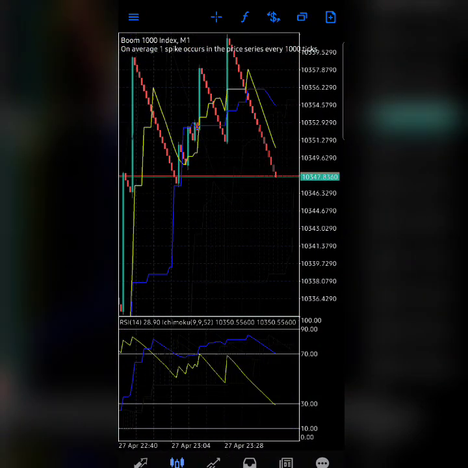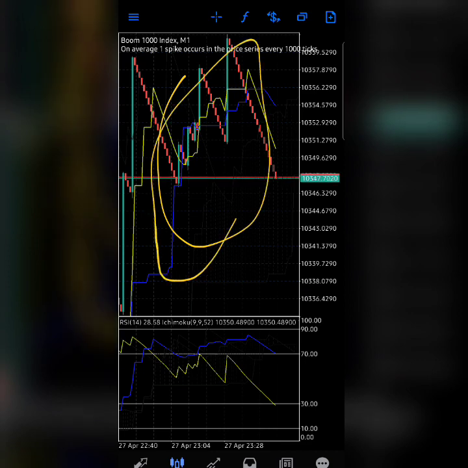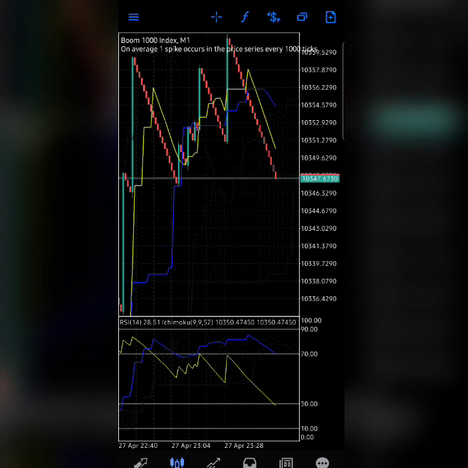Okay, so before I explain the parameters and all we're working with, I'll have to show you our indicators. First off, we are using the Ichimoku. Now the Ichimoku, this is what you can see here. No moving averages in this one.